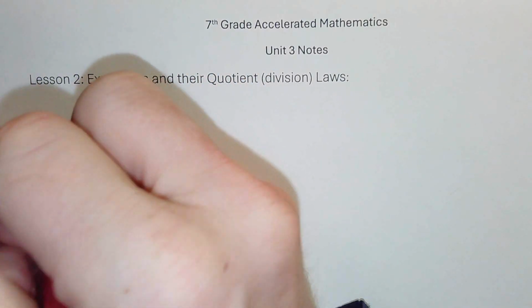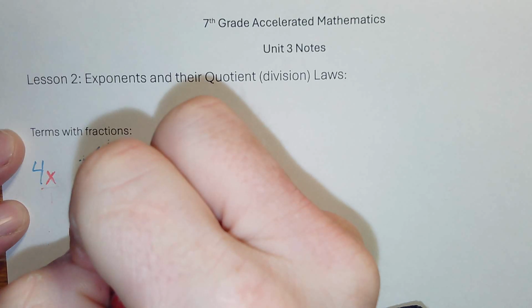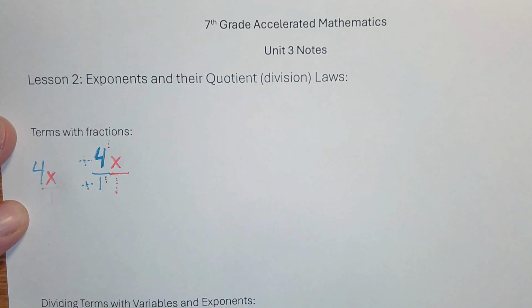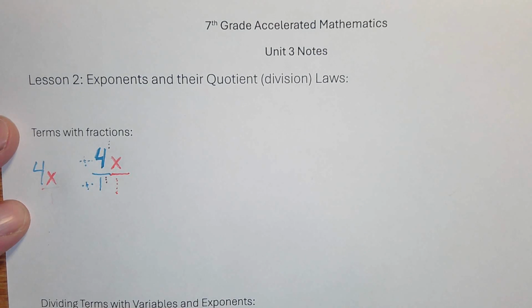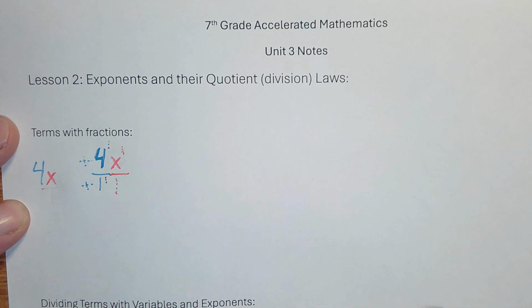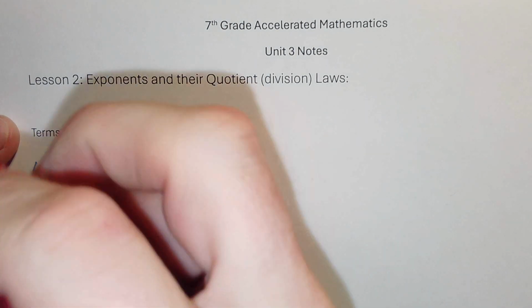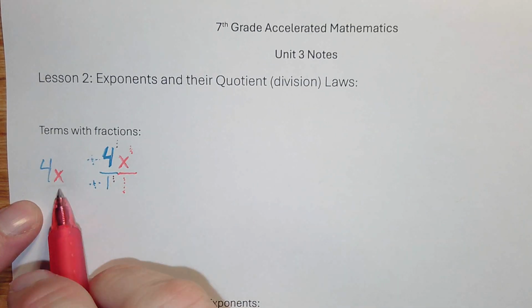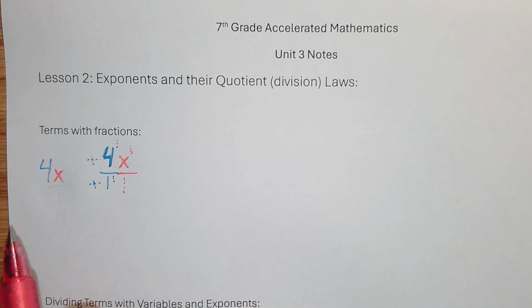So with 4x, we're actually attaching x over 1, so we're multiplying two fractions together, 4 over 1 and x over 1. You just don't write it that way because to do so would be cumbersome and could be confusing for some. And of course, this is positive x as well.